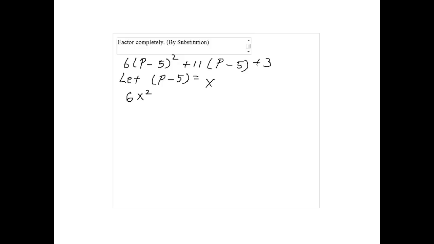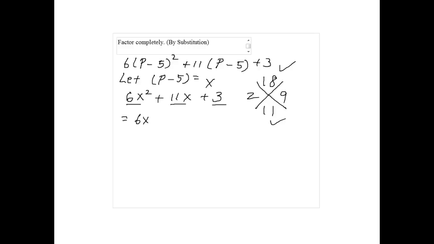So 6x squared plus 11x plus 3. To factor that, we're going to use the x chart. 6 times 3 is 18, and 11 goes on the bottom. 2 times 9 will give us 18, and 2 plus 9 will give us 11.